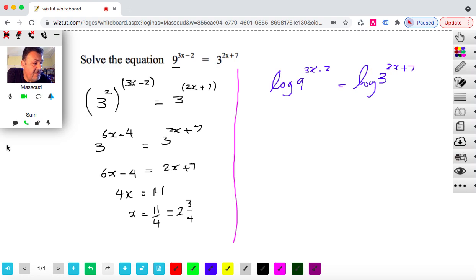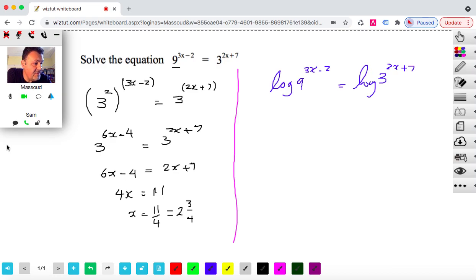Now, as you know the rules of log, the power in the log can be written as the coefficient. So this power here can be brought out and written as a coefficient. Now, this power is not just a single item. It has 3x and it has minus 2 in it, so it's got two parts to it.